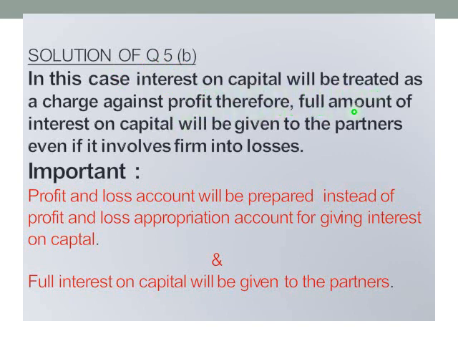Therefore, we will be giving full interest on capital even if, due to providing full interest on capital, the firm suffers losses. So the two important things are that a profit and loss account will be prepared instead of a profit and loss appropriation account for giving interest on capital because it is a charge on profit, and the second important thing is that full interest on capital will be given to the partners.